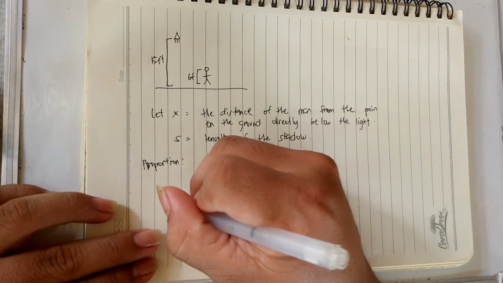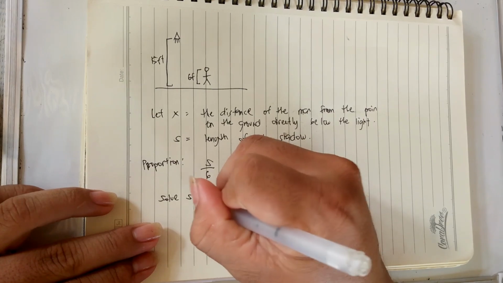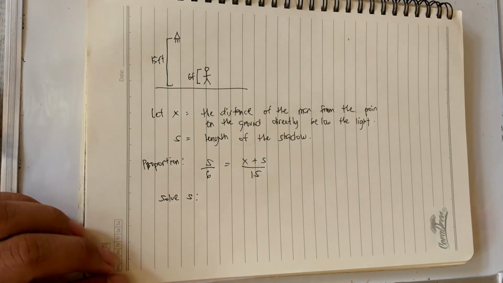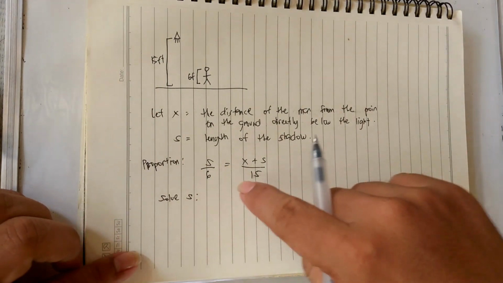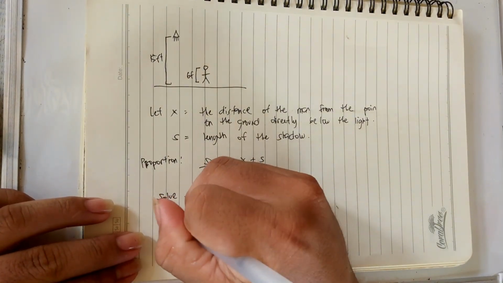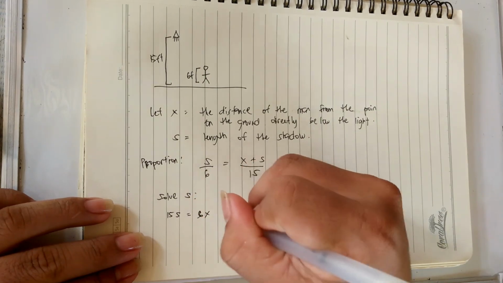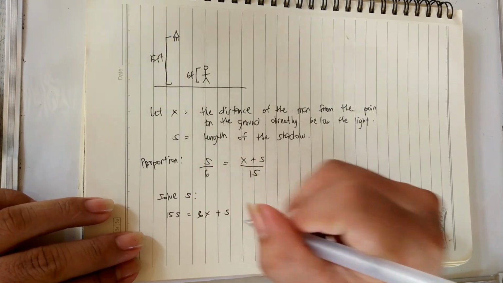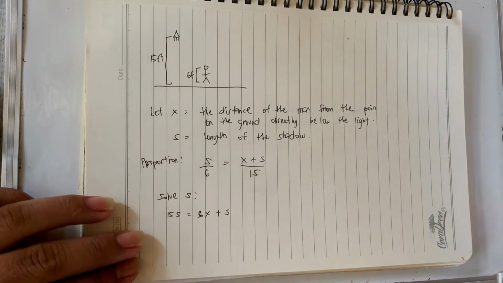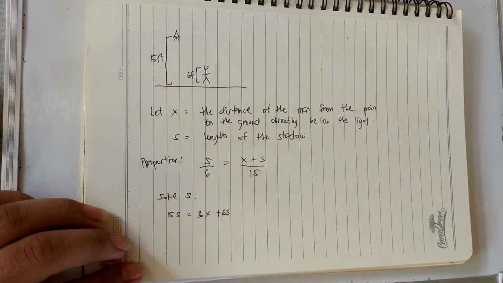So we first solve s. Solve na to ang s una. So ato ni siyang i-cross multiply. So we have 15s is equal to 6x plus s, 6x plus 6s.